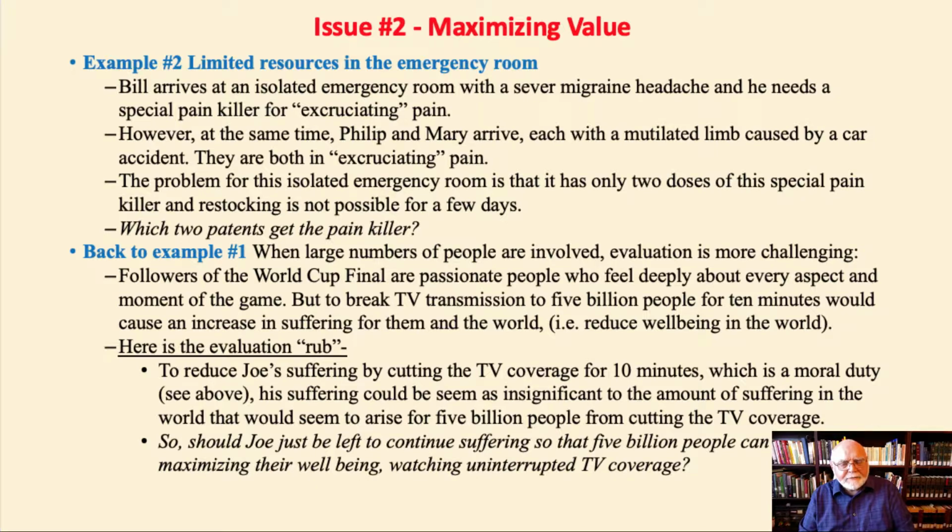It's very challenging because you have a situation where a very tiny bit of suffering across millions of people outweighs the suffering of one individual, even if it's an excruciating level. Let's follow that through. Followers of the World Cup final are passionate people. They feel deeply about every aspect, moment of the game. To break a television transmission to 5 billion people for 10 minutes would cause an increase in suffering for them and the world.